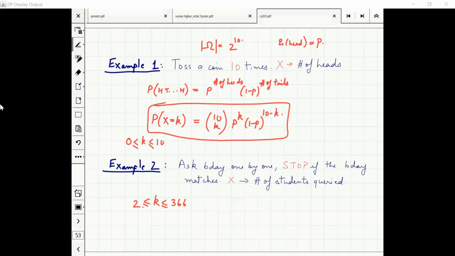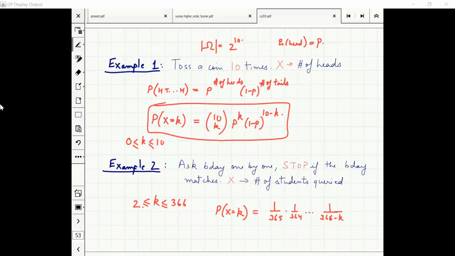And then what is the probability that X is equal to k? It will be 1 upon 365 into 1 upon 364 into 1 upon 363, till 1 upon 365 minus k plus 1. Okay, and why is that the case?